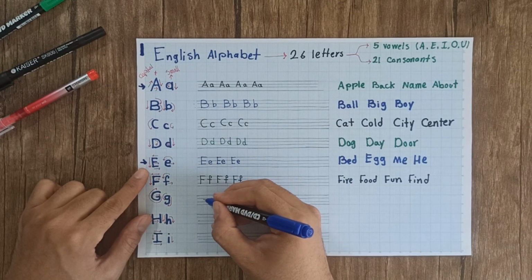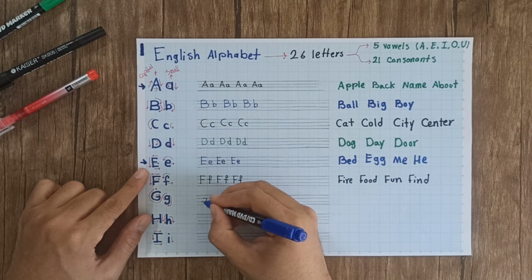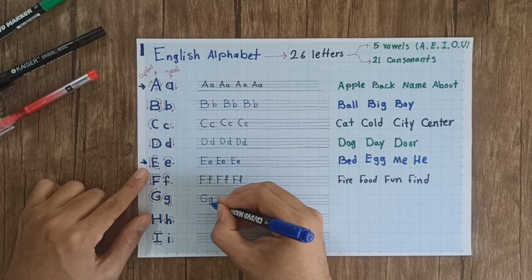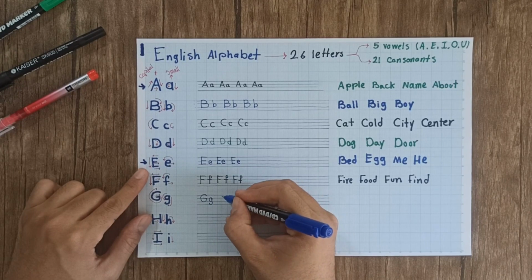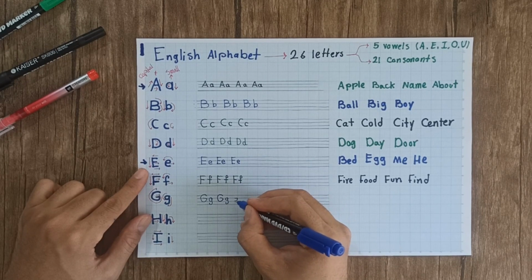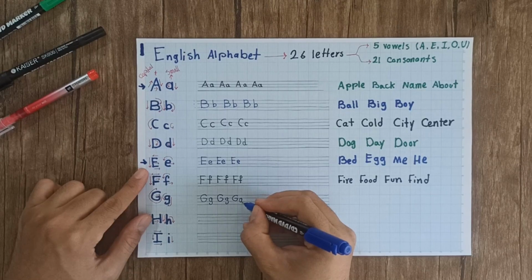Sometimes you can start this way, that's G. And for the small letter, you start this way. However, sometimes you can do this, for example, like this, and then you do this. But I recommend to start this way.